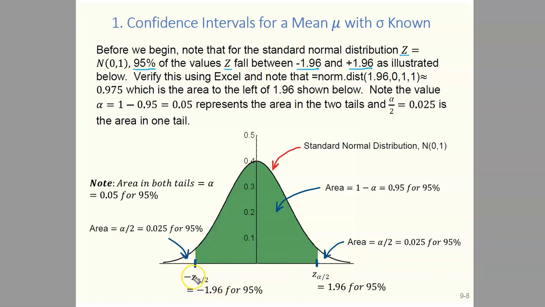We call that negative z alpha over 2. And right here we have positive 1.96. That's positive z alpha over 2. Now for the standard normal distribution, 95% of your area is between these two numbers. And so the area in this tail is going to be 0.025, and the area in this tail is going to be 0.025. So the area in both tails is going to be 0.05.